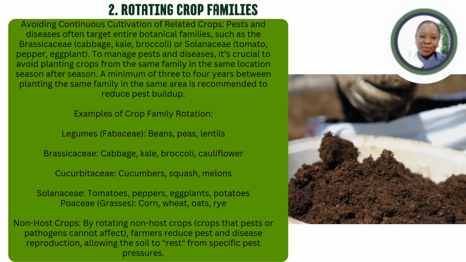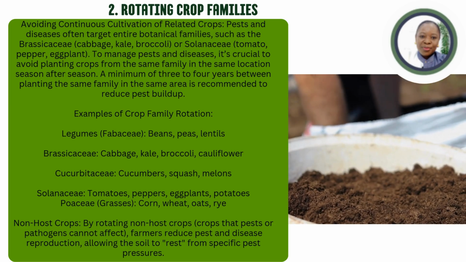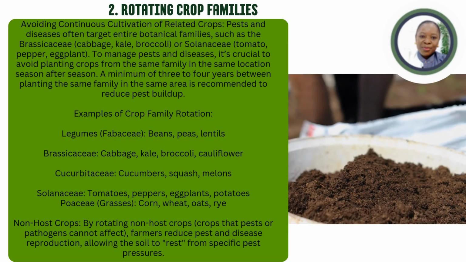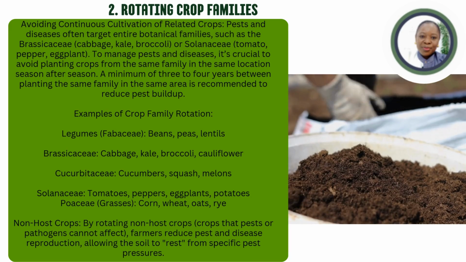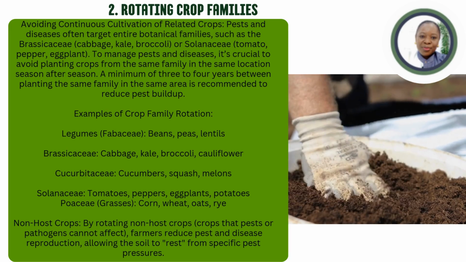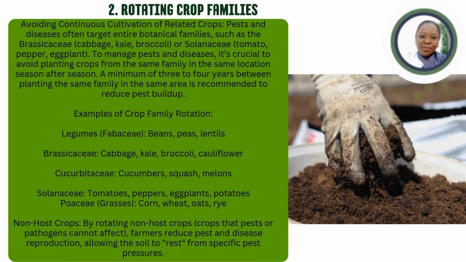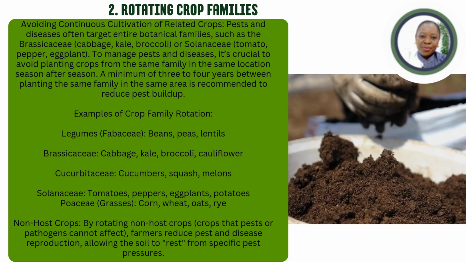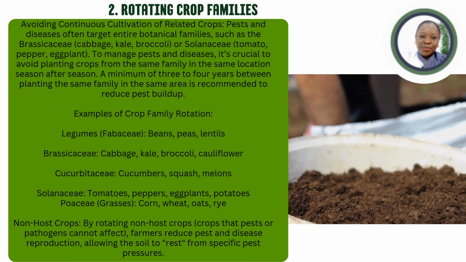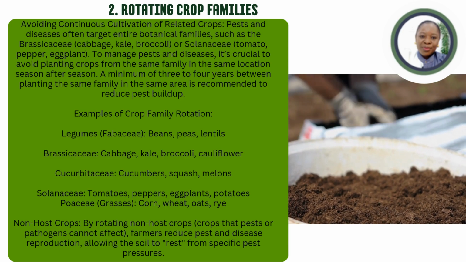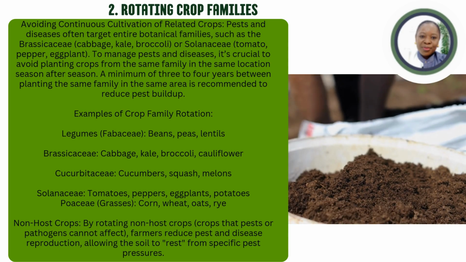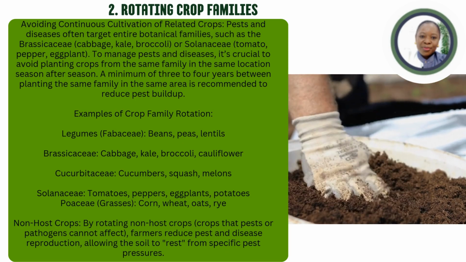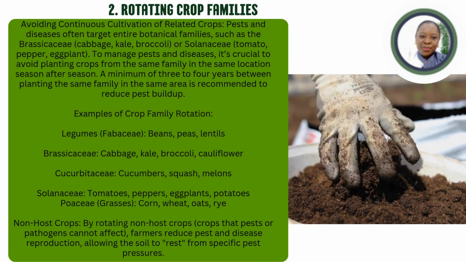Examples of crop family rotation. Legumes, Fabaceae, such as beans, peas, and lentils. Brassicaceae, cabbage, kale, broccoli, cauliflower. Cucurbitaceae, cucumbers, squash, melons. Solanaceae, tomato, peppers, eggplants, potatoes.